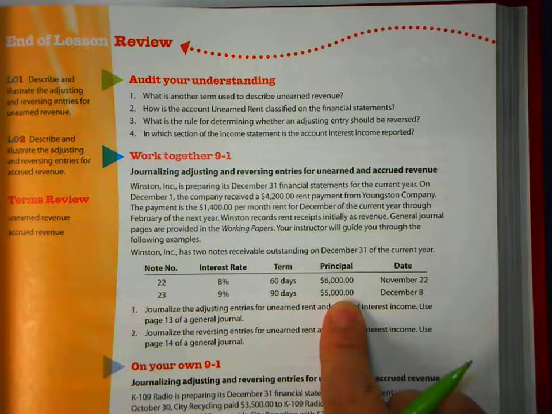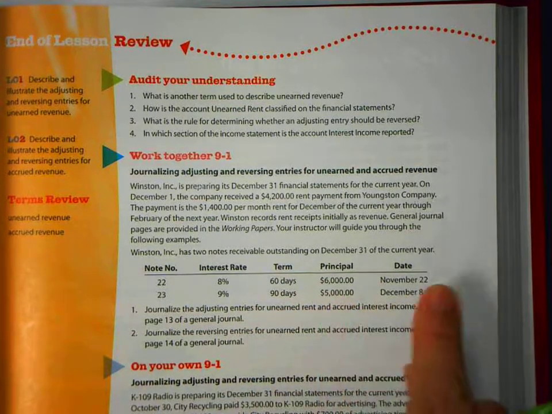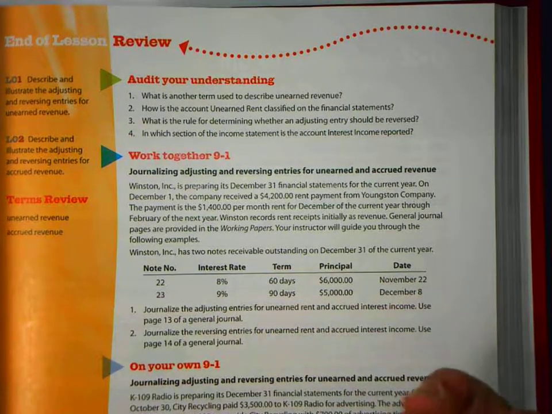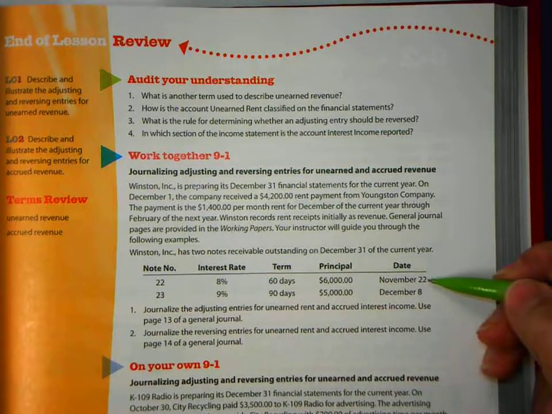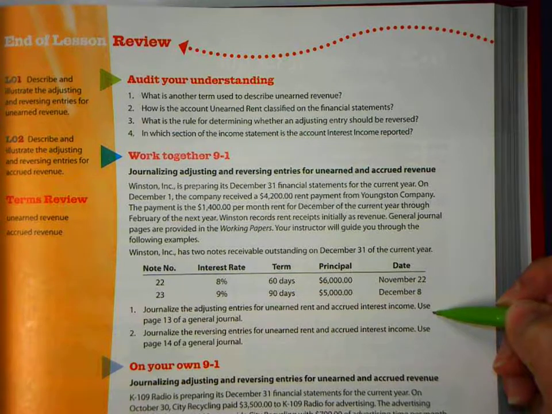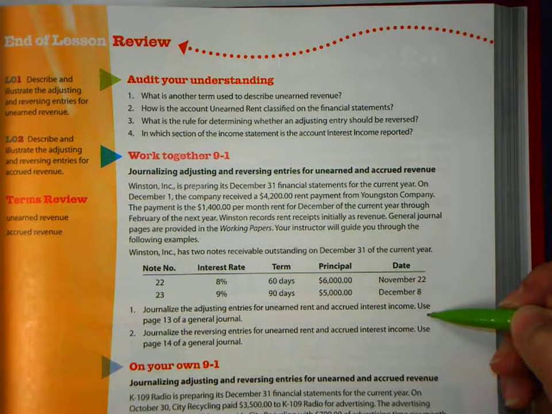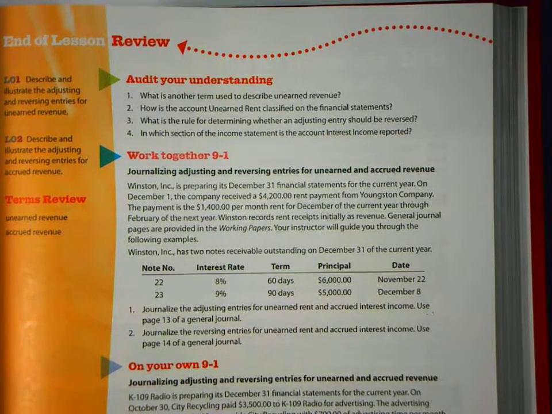So what we have to figure out is between November 22nd and December 31st, how much interest did we earn or accrue? And then from December 8th to December 31st, how much interest did we accrue? So that we can record that in this year's financials. Okay? And it gives us a little working space down at the bottom to do this.